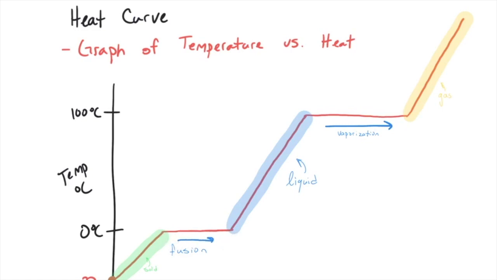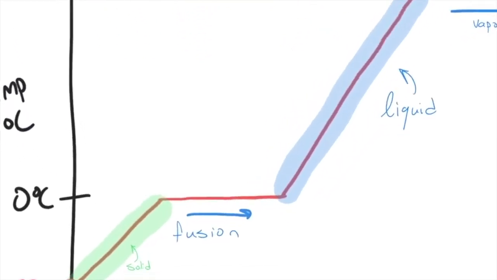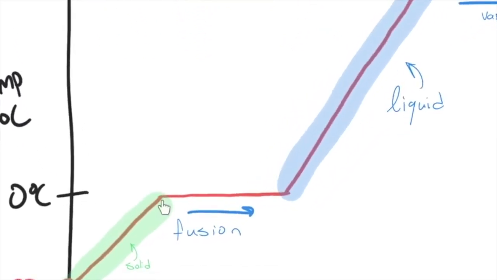In fact, if you zoom in at a particular part of this graph right now, this intersection point between where the line comes up and levels off, it represents solid at exactly 0 degrees. Because the moment a solid turns to 0 degrees, it begins melting, and the curve no longer goes up, but lays out flat in a plateau sort of way.